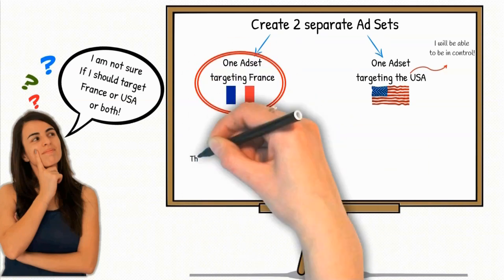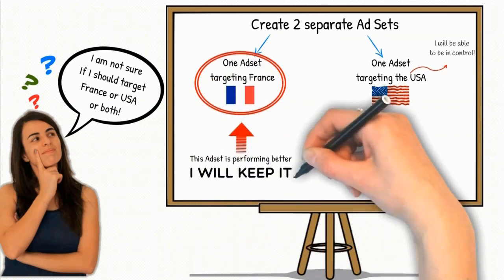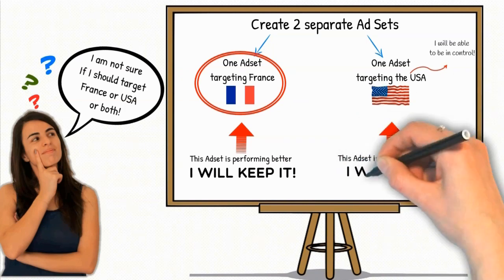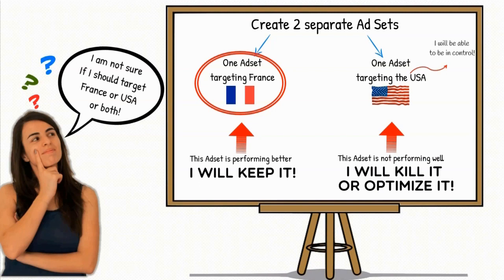When I start running my ads, if I see that the France ad set is working better, I can keep it running while I shut down the USA one or try to optimize it.